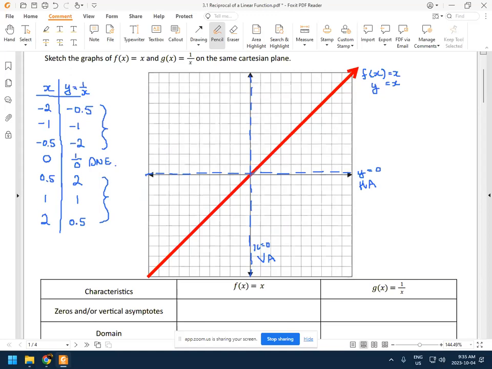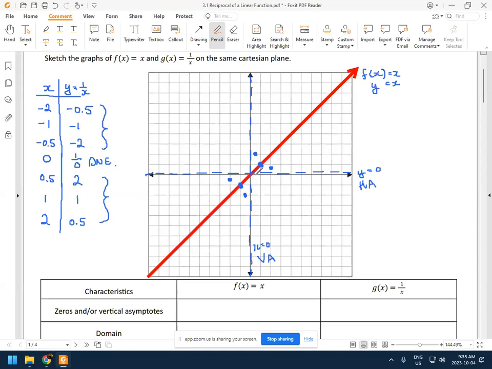Plotting, it becomes (1, 1), (0.5, 2), and (2, 0.5). The reason I chose these 3 dots is because it does demonstrate a nice curve, and we're going to connect that. (-1, -1), (-2, -0.5), and (-0.5, -2).